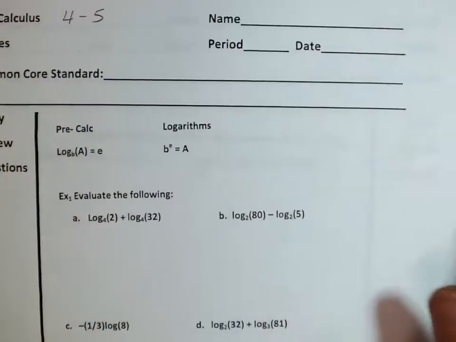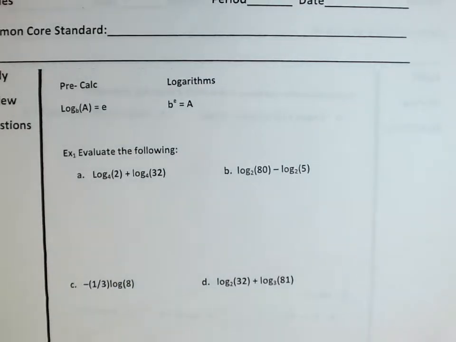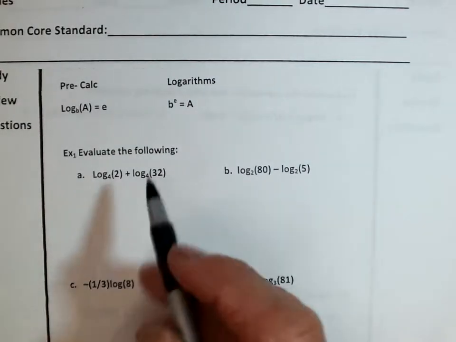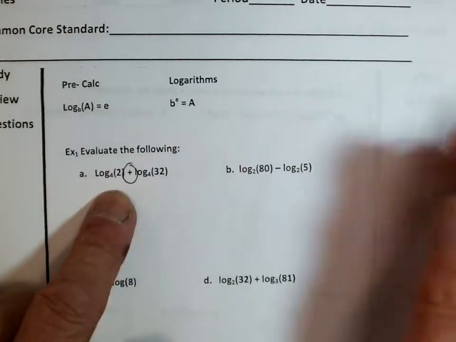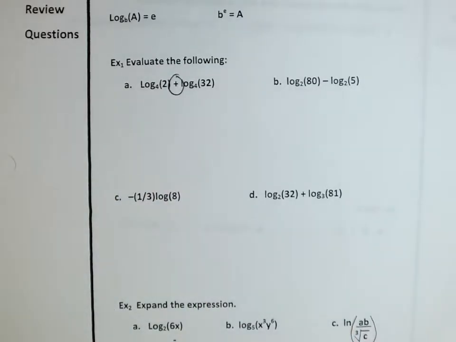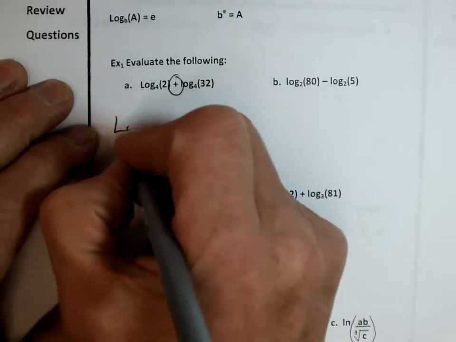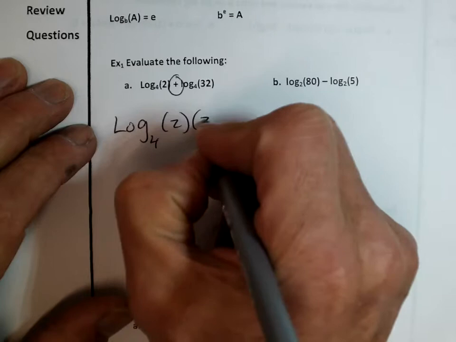Okay, here we go, you guys. So, let's go ahead. On number one, it's this easy. Watch. Do you see the plus sign? Bring it together as multiply. So we're going to rewrite this as log base 4 of 2 times 32.